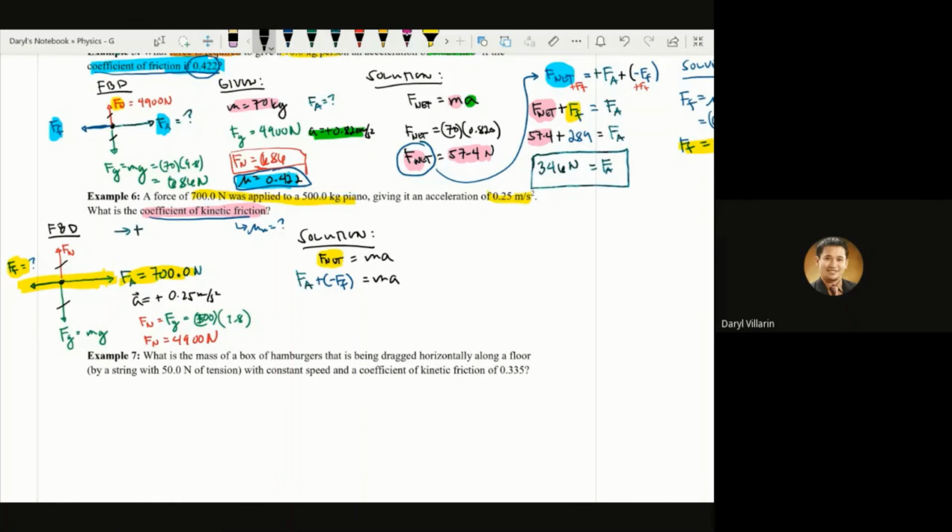You can actually solve for the magnitude of Ff here, because Fa is given: 700 minus Ff is equivalent to the mass of the object, which is 500, multiplied by 0.25. If you evaluate this, the only unknown is your Ff, so therefore you can solve for Ff in this case.